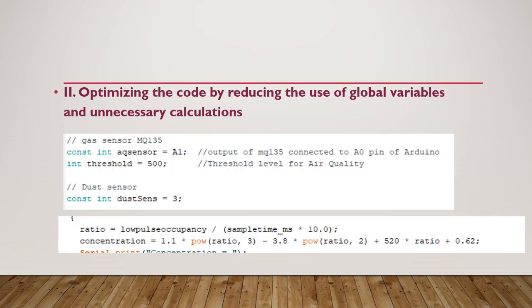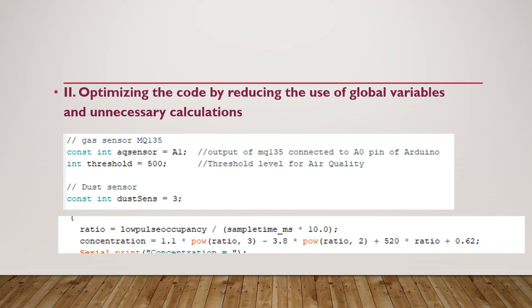And second, for the software, we can optimize the code by reducing the use of global variables and also the unnecessary calculations. By using global variables, the system can access the variables from anywhere in the code, which can make the code more difficult to understand and maintain the flow of the code.